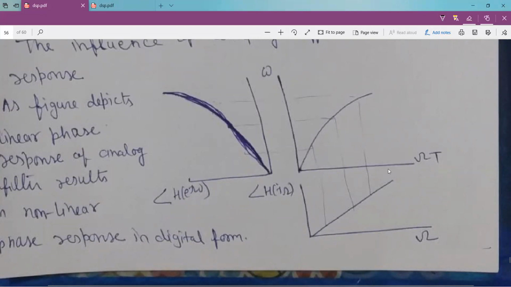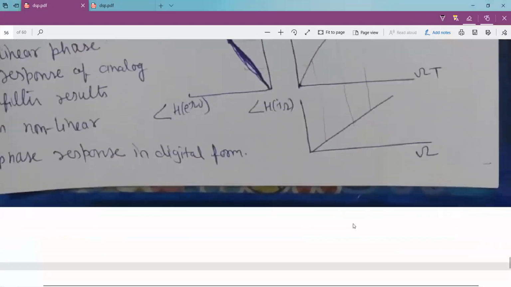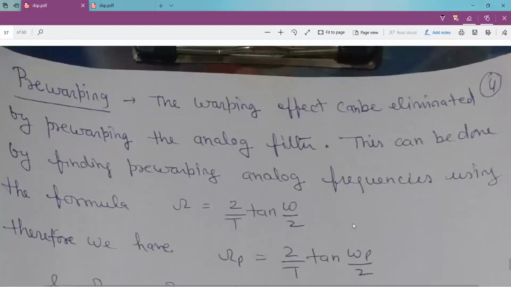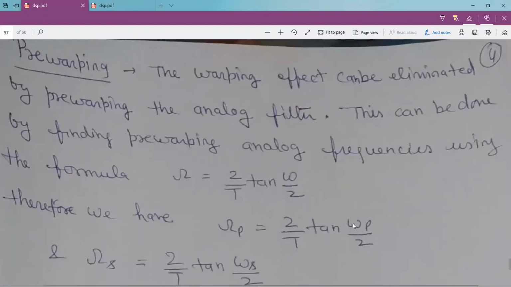If phase is linear in analog domain, because of this nonlinearity, it will result in nonlinear phase. So this nonlinearity arises in both magnitude response as well as phase response, and it is termed as warping effect. So to avoid warping, we do pre-warping.